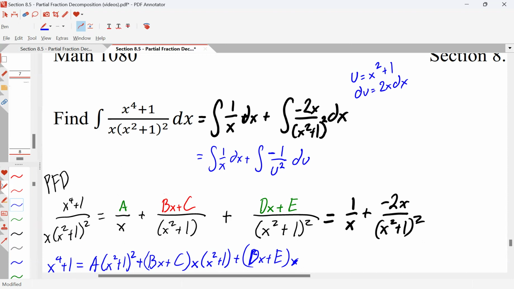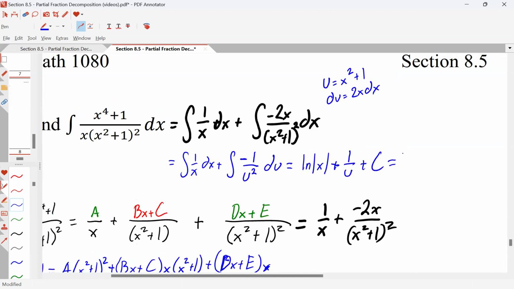I walked through 1 over x squared on the last video, reminding how that integral works. The first one becomes the natural log of the absolute value of x. And the second one will become plus 1 over u plus c.